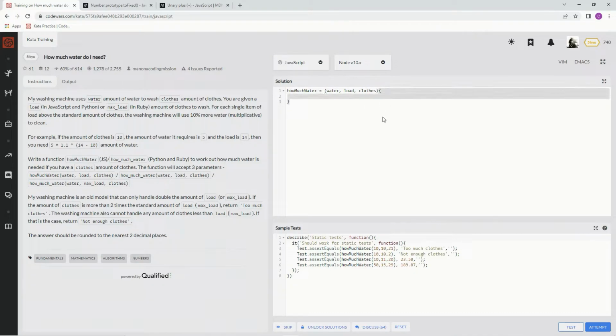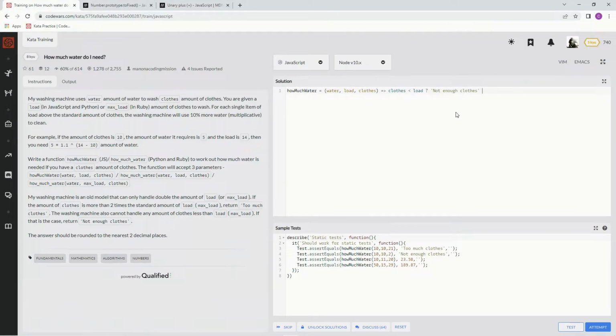And in this one, we're just going to use ternary operators, and we're also going to use the toFixed method, and we're also going to use the unary plus. So let's take care of the ternary operation first. First things first, we've got this 2 times thing, and also it can't handle anything less than a load. So if clothes is less than load, we're going to say not enough clothes.